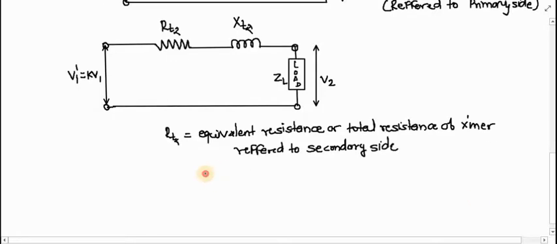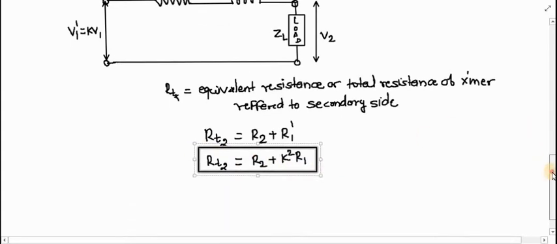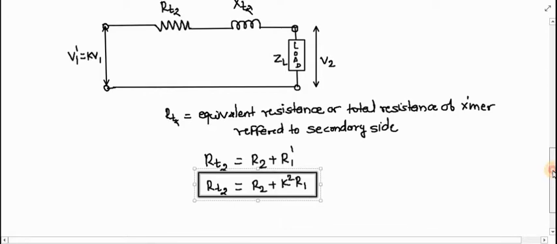So RT2 is nothing but R2 plus R1 dash, means resistance of secondary winding plus resistance of primary winding referred to the secondary side. If we proceed in the similar way, we will get this R1 dash as K square into R1. So your RT2 equals R2 plus K square into R1. Right? This is your I2 here.